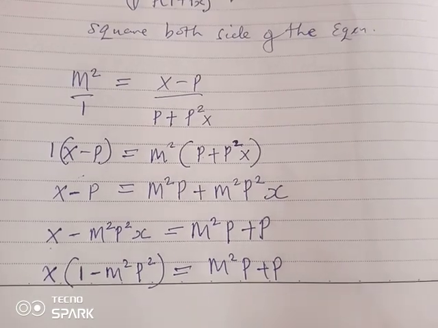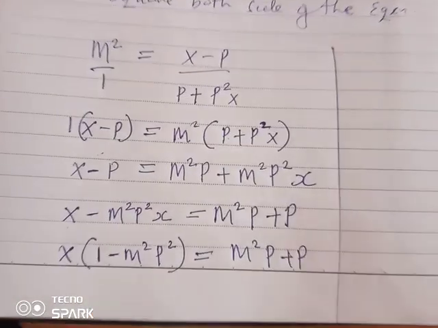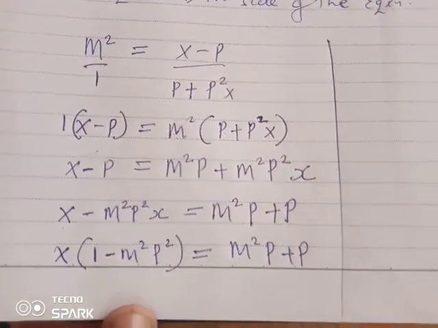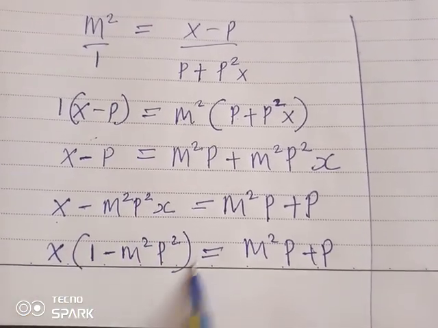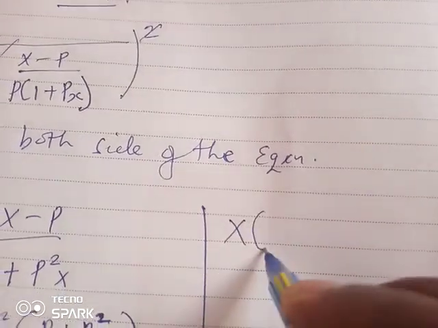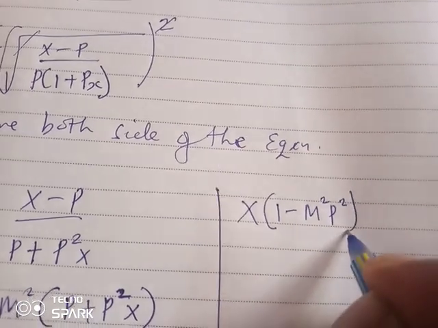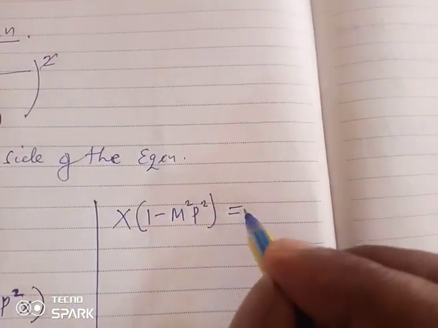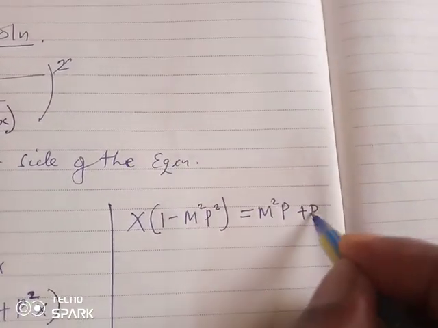The factors remain the way they are, m squared p plus p. So what do we do here? We want x to remain alone, so we divide by the whole of this bracket, and therefore x into 1 minus m squared p squared is equal to m squared p plus p.